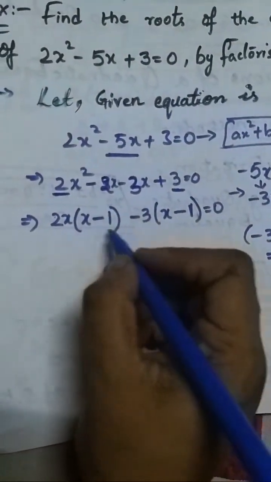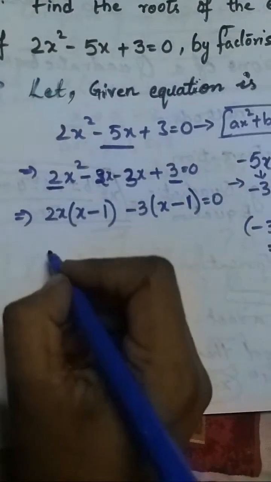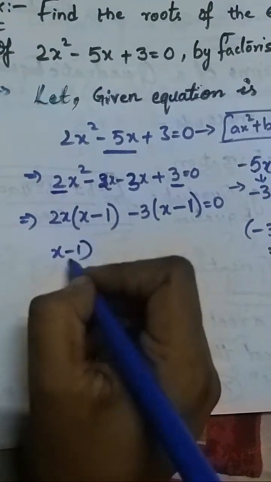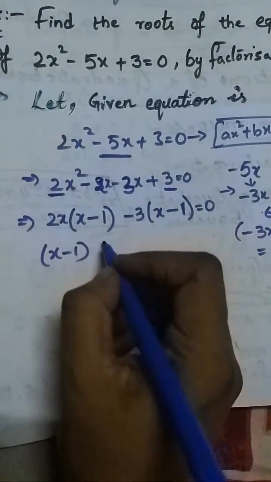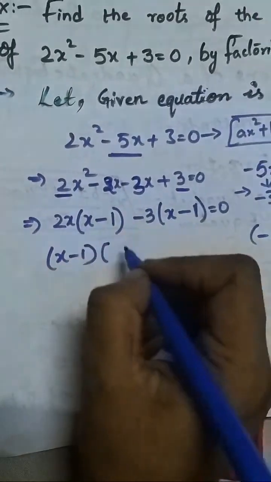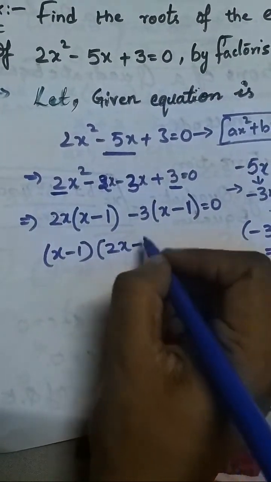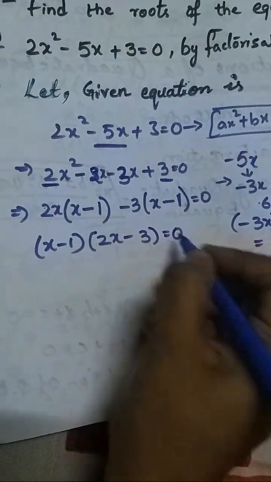So to get the same terms common we have written like that. Take out x minus 1 common, we are remaining with 2x minus 3 is equal to 0.